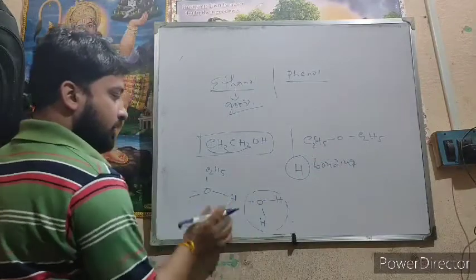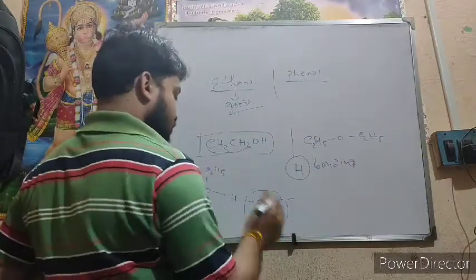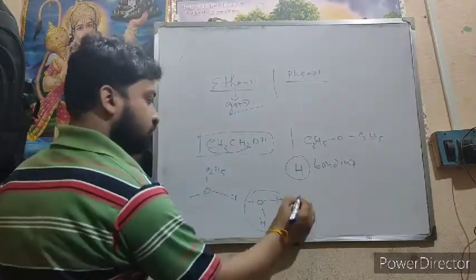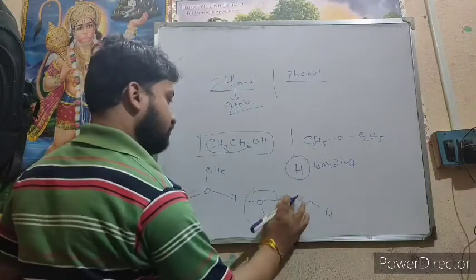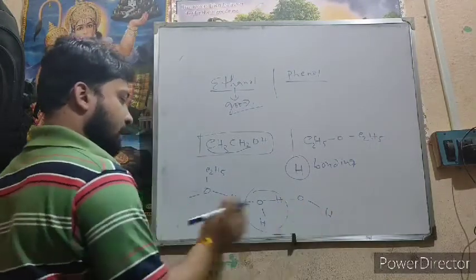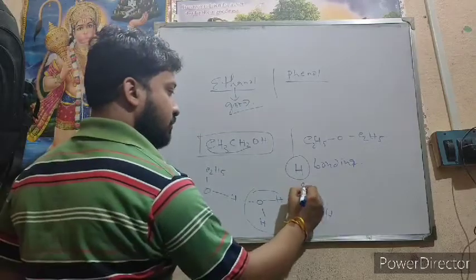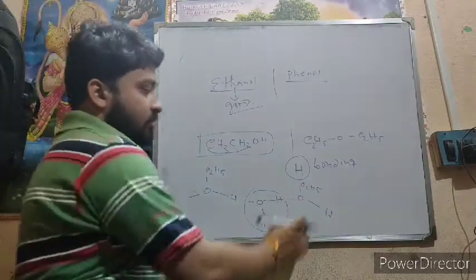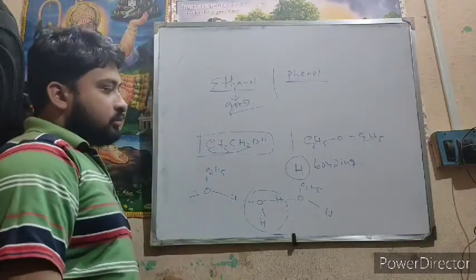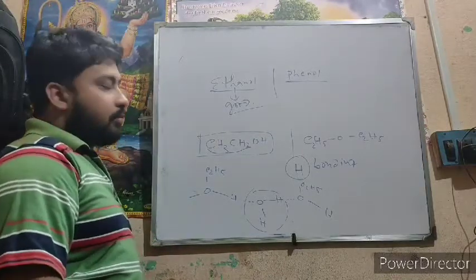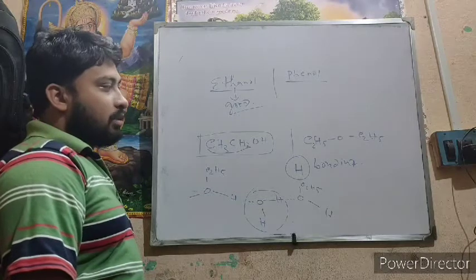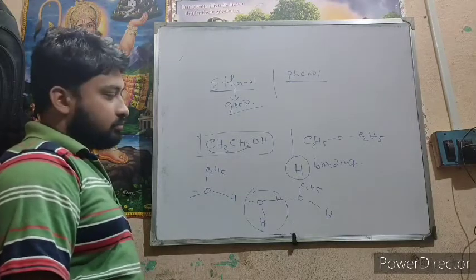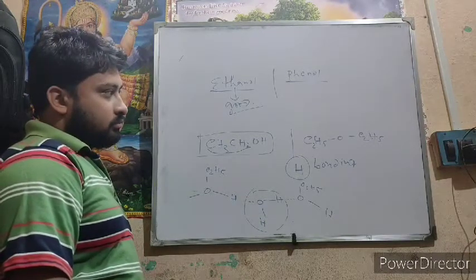This water molecule is joined with another C2H5, OH, and C2H5. So it shows fine hydrogen bonding. So where hydrogen bonding is possible, solubility in water is possible. Okay.